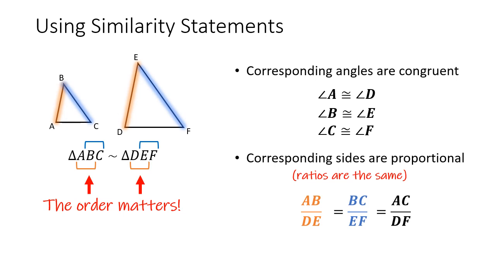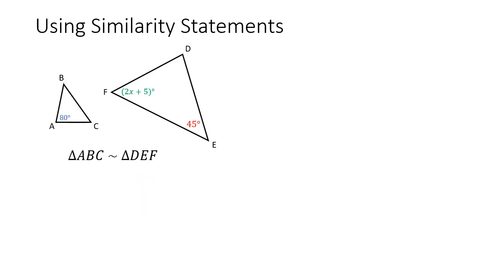And because these are similar, the ratios of those corresponding parts have to be equal to each other. So if we knew what those side lengths were, those ratios would be exactly the same. And because of that, we're going to use these similarity statements and proportionality to solve for some missing information.